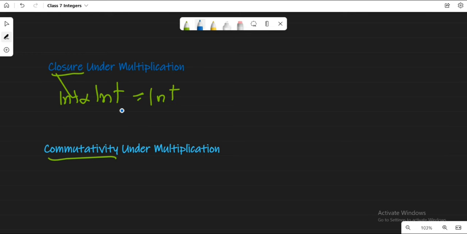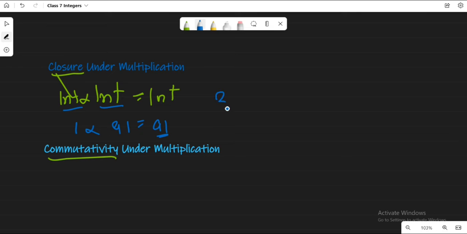So let's put values to these integers to prove this out. Let's give this integer the value of 1 and give this integer the value of, let's say, 91. So the answer will be 91, which is an integer. Let's take another example.